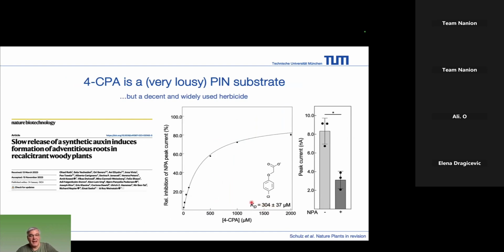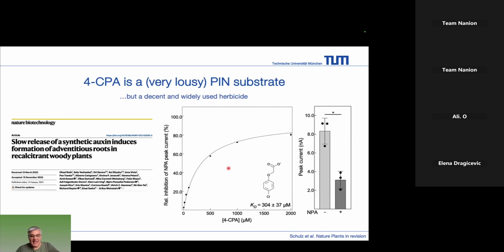I mean, KD is also lower than KM in our case, but nevertheless, this is really a very, very low substrate affinity. And we focused on 4-CPA for a while because we and others had shown that it has a very high potential in transformation of recalcitrant woody plants.